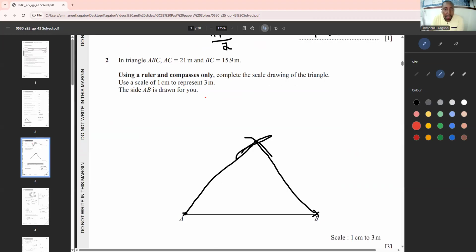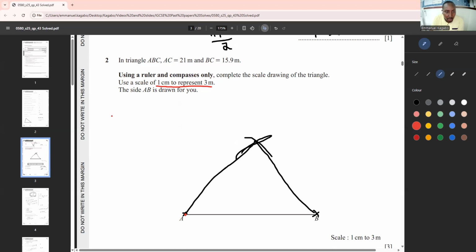Question 2 is about construction, and they said use a ruler and a compass only, and use the scale given. Be careful with the scale, guys. For me, because it's online, I just try to have an overview of the sketch. You put your compass at this point and measure.